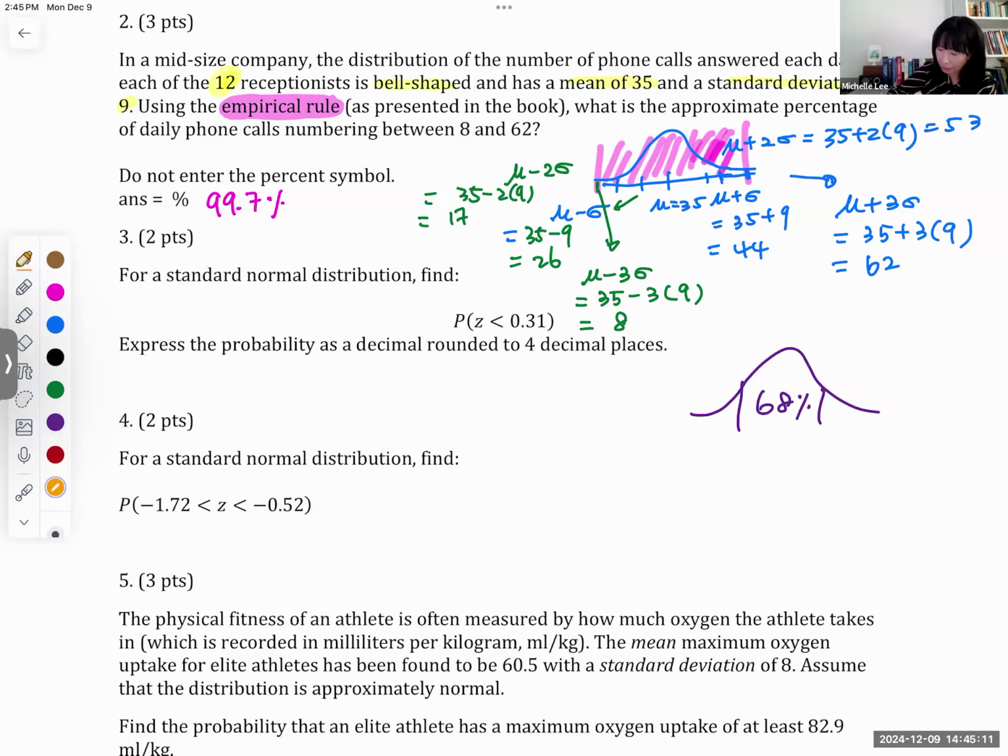Then we have 95% within 2 standard deviations, right? This is one standard deviation, right? And then within 3 standard deviations, we have 99.7%.